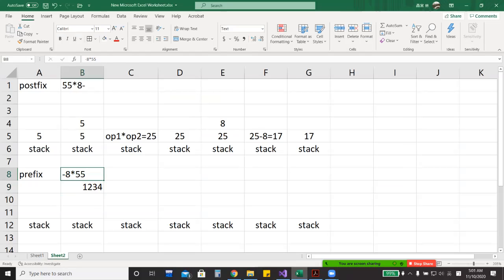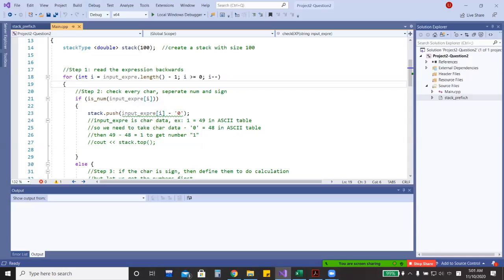So every digit is a character. I have the number characters and the special sign characters, so first of all, I have to separate them. I will use is number to check if my character is a number or not.